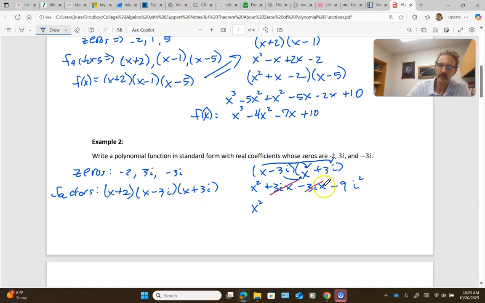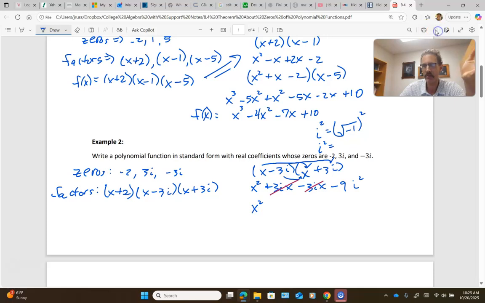Now, to evaluate this part here, we need to think back about the definition of i. It's the square root of -1. Well, I don't just have i, I have i squared right here. So what happens when you square i, you get the square root of -1 squared.